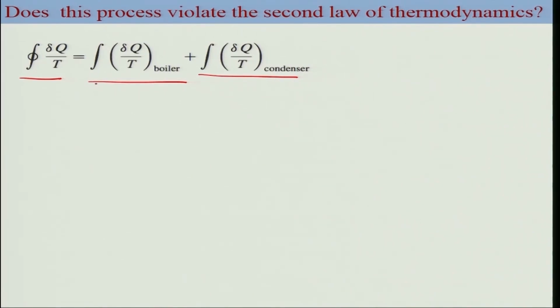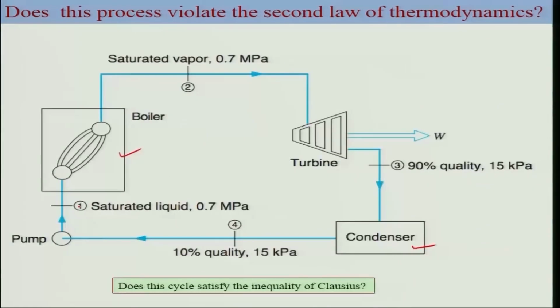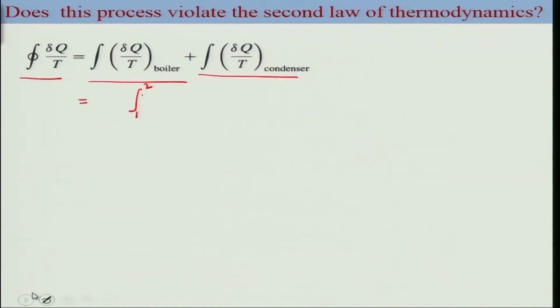So let's assume the heat corresponding to the boiler is going to be your Q. So this is nothing but your 1 to 2. If you look at your process, this is 1 and this is 2. So this is going to be the heat supplied to the boiler, okay. So this is going to be Q1 2 and this is going to be your Q, let's say 3 4, heat rejected from the condenser, okay.